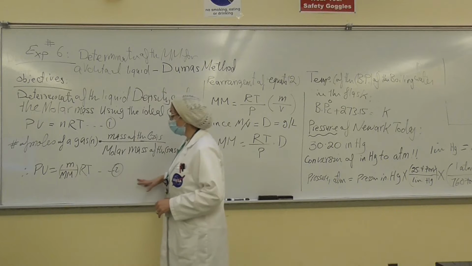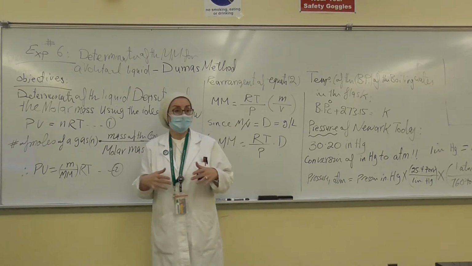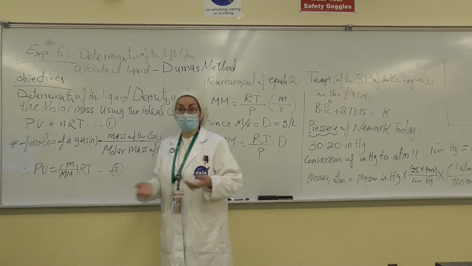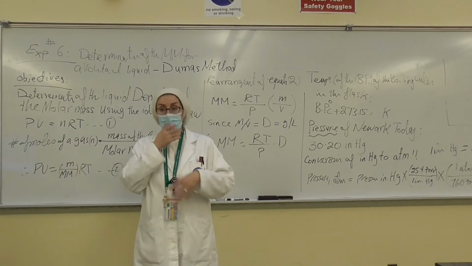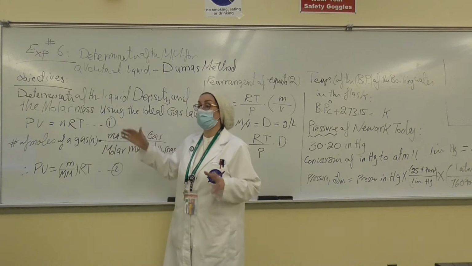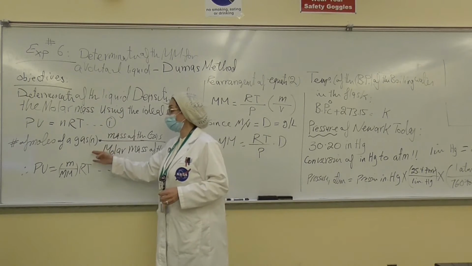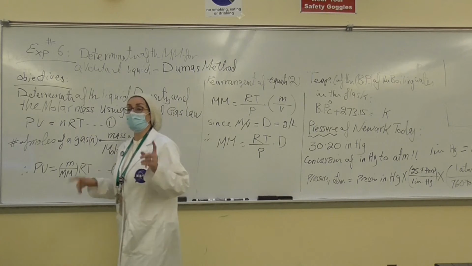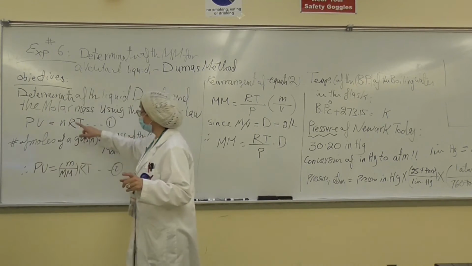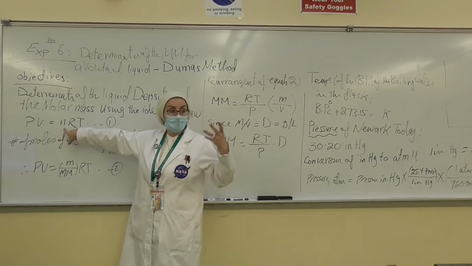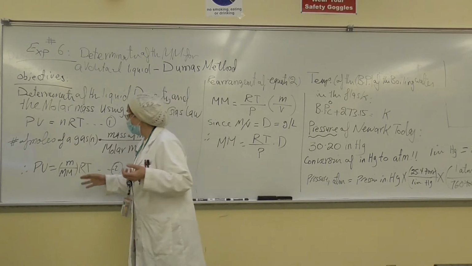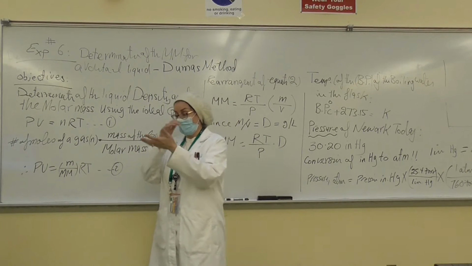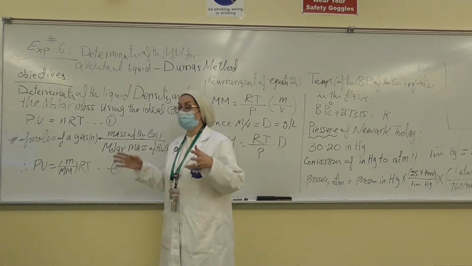As you can see here, we also were able to rearrange it, so then we will be able to calculate the molar mass or the density or a volume or any one of those variables. Everybody should know by now that the way we measure the number of moles is by dividing the number of grams, in other words the mass of the substance, by the molar mass.